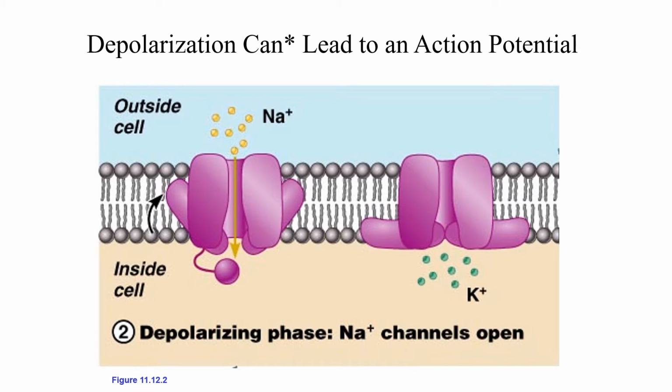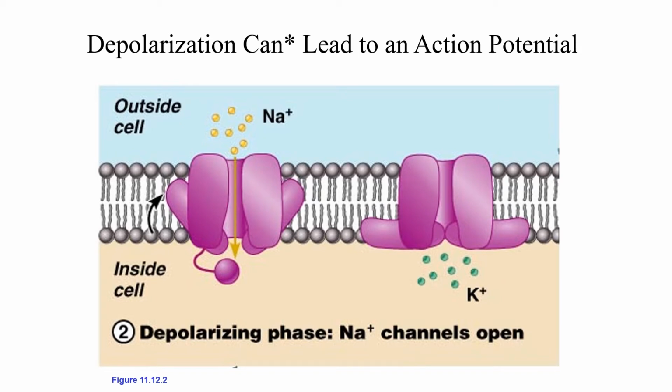Now, depolarization means that you move from a negative 70 state, which is our resting state, to negative 65, to negative 60, and you can keep on going. So when you're making the interior become more positive or less negative, we say that you are depolarizing the cell.